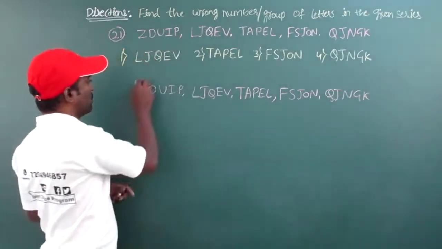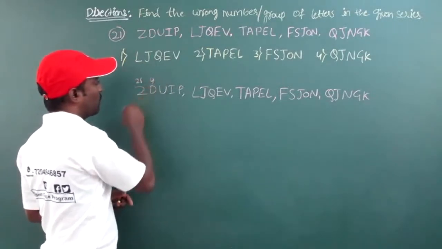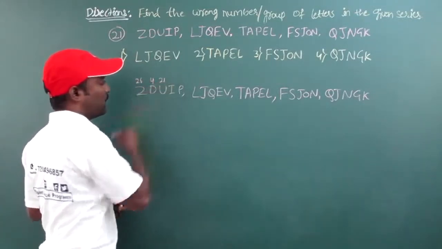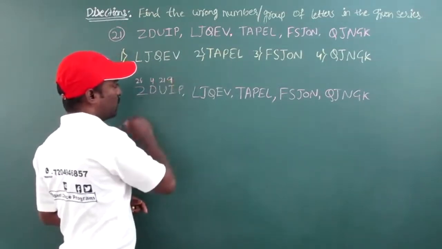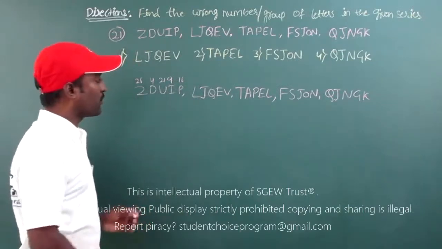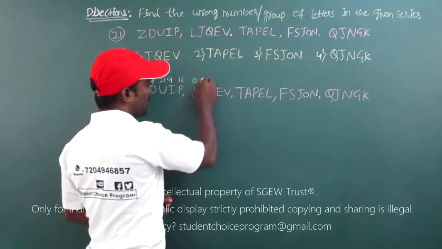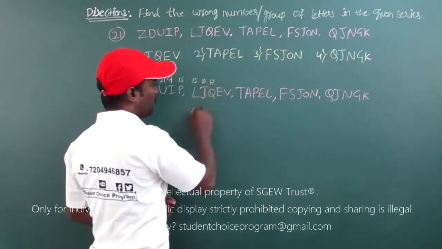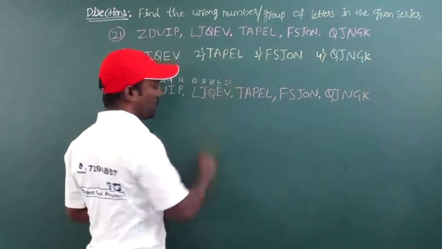What is the position of Z? It is 26. Position of D is 4. Position of U is 21. Position of I is 9. And position of P is 16. Now, position of L is 12. J is 10. Q is 17. E is 5. V is 22.